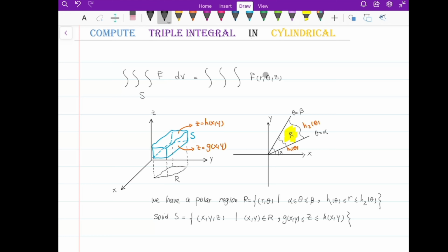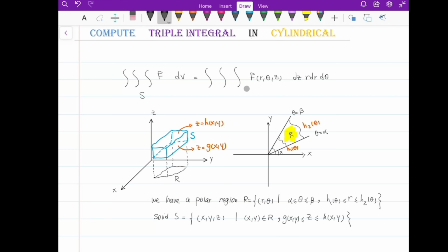And then I have the volume element in here that I'm going to explain, which would be dz r dr d theta. You see, it's just r dr d theta like polar, but we have an extra axis z. And then I'm going to have the bounds for z. I know that z is between g and h.